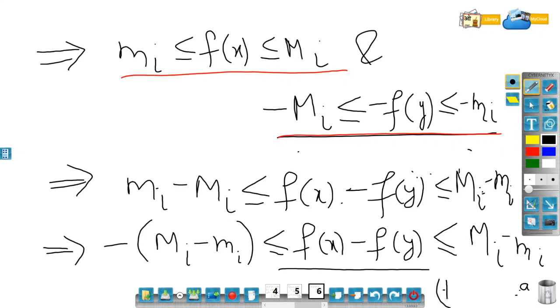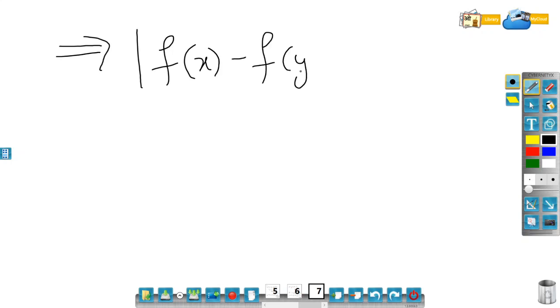So if x lies between minus a to plus a, this holds if and only if mod x is less than or equal to a. Maybe I do not have much space to complete that, but I'm sure you all will understand what I mean. So that would imply modulus of f of x minus f of y is less than or equal to capital Mi minus small mi.